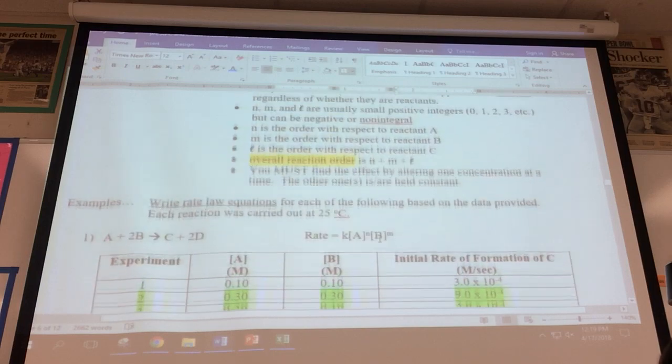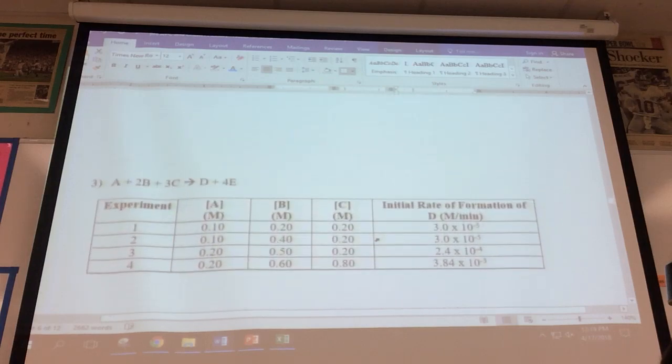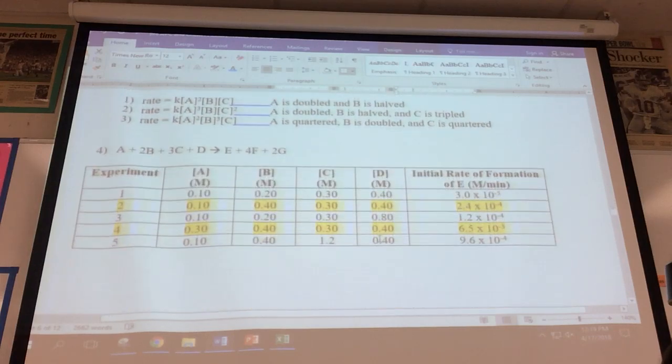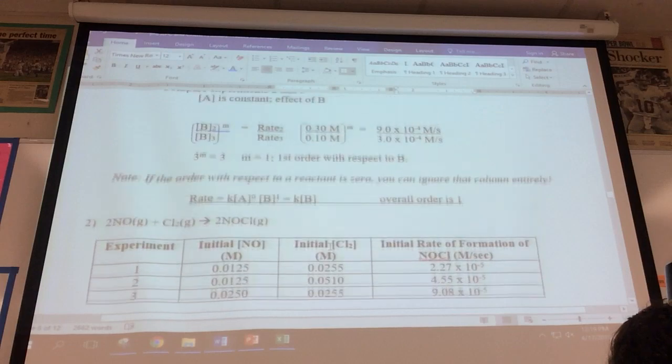But this is what we're going to be getting into next time, where we're writing rate laws when you have more than one reactant. You could have 2, 3, 4. I don't think I'd give you anything more. I don't even think I'd give you a 4. That's challenging. But I figure if you can do that, you can do anything.